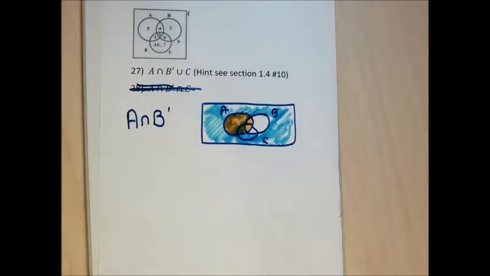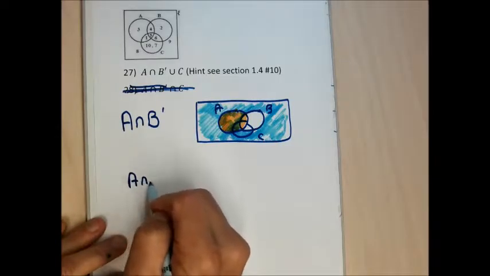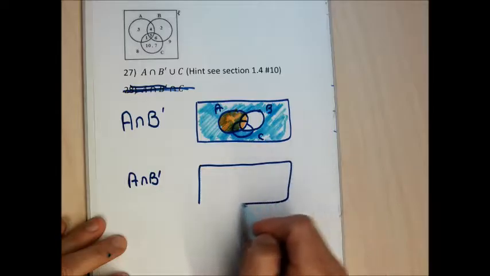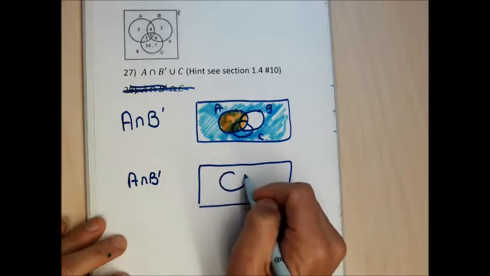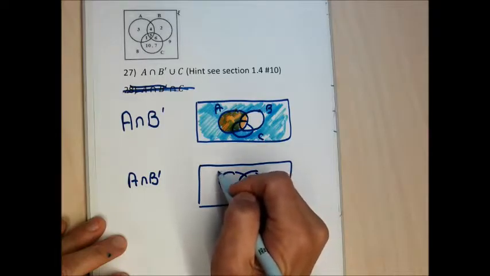So I can now figure out what A intersection B complement is. That's any place where I have both shadings, and I like to bring this down into another picture. So I'm going to transfer the picture that I just drew, but clean it up to only show the area where I have intersection.